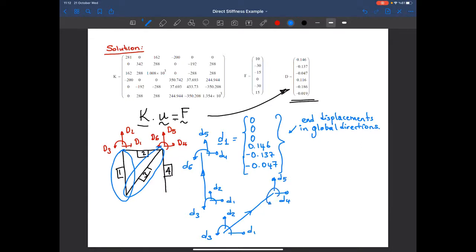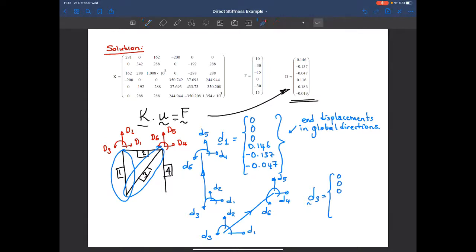These are the degrees of freedom in the global directions. So the first 3 degrees of freedom are equal to 0 because I have a fixed support here. So let's write down 0, 0, 0.